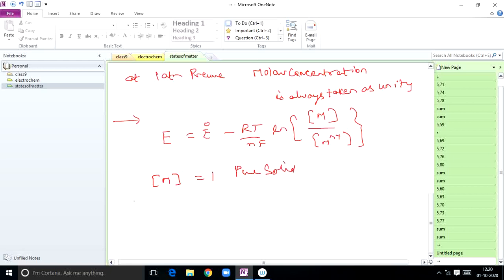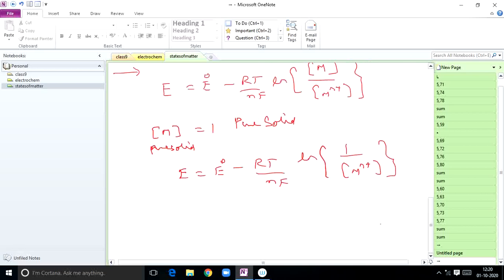So concentration of metal in a pure solid state is always taken as unity. Then the equation becomes E is equal to E naught minus RT by NF into ln of 1 by concentration of Mn plus.